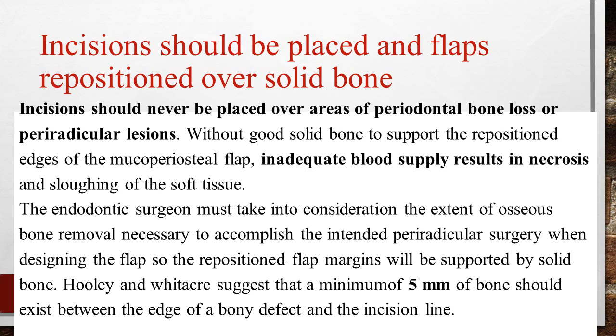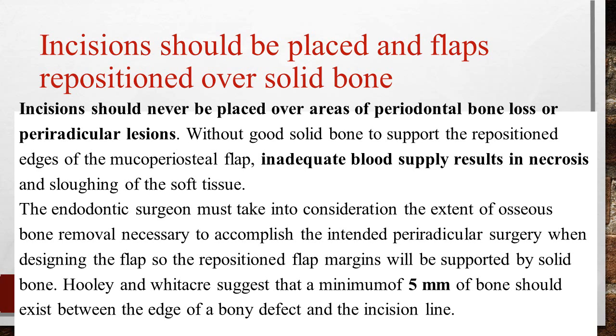Okay, so two scientists, Hooley and Whitaker, suggested a minimum of 5 mm of healthy bone should exist between the edge of a bony defect and the incision line. So that is the extent of your surgical site which you should consider. So let us assume that you have a periapical lesion on the lateral incisor.